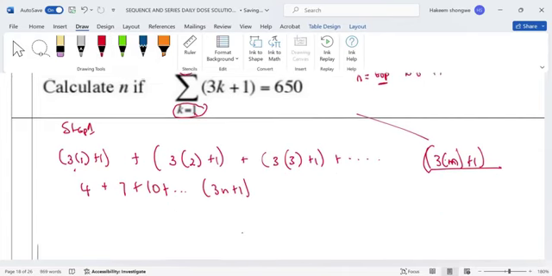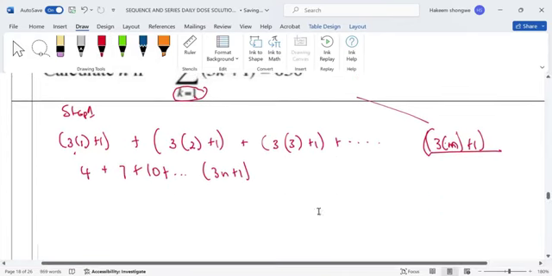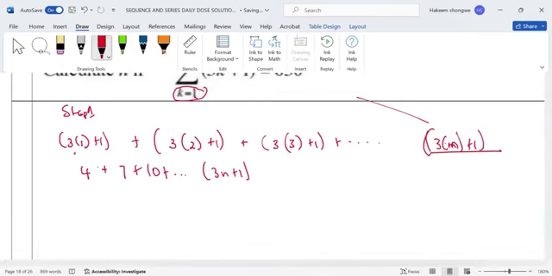So what are we going to do next? We are going to determine what kind of pattern it is, what kind of series it is.